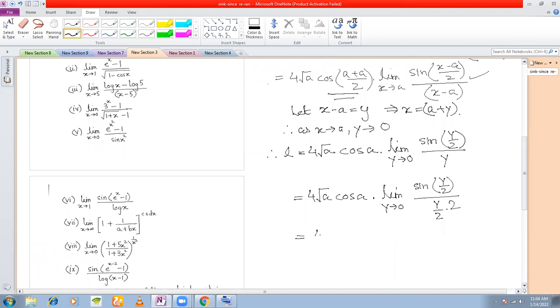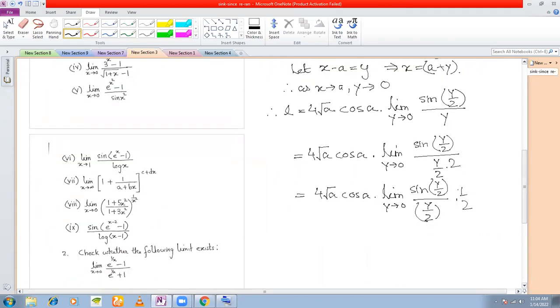So this becomes 4 root a cos a into limit y tends to 0 of (sin y by 2) by (y by 2) into half. Now this half you can take out of the limit.